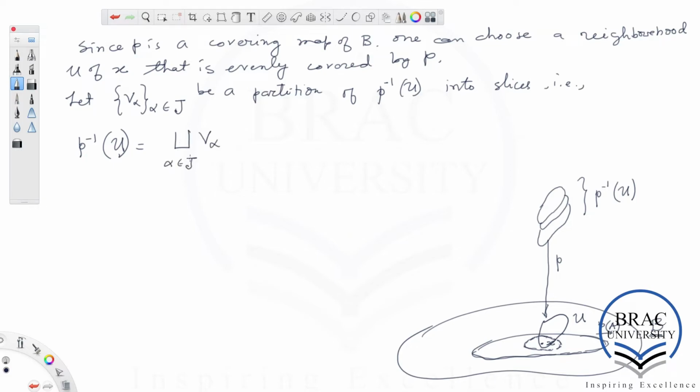Okay, we can always do that since P is a covering map. Now since X is in P of A, there exists an element Y in A such that X is equal to P of Y. It follows from the definition of P of A.